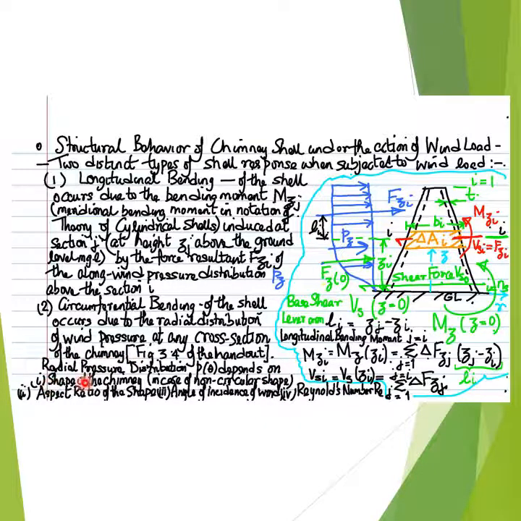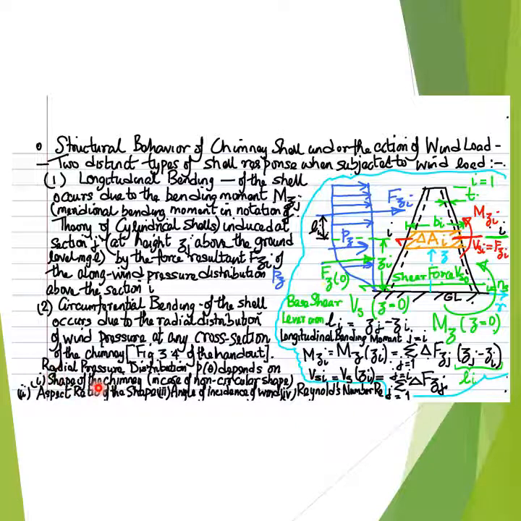And as illustrated by the figure depicting the radial pressure distribution due to the wind pressure over the circumference of the cross-section of the industrial chimney under consideration, the radial pressure distribution P, defined as a function of theta, that is the angle of the point on the circumference under consideration with respect to the direction of the wind, depends on a few factors.